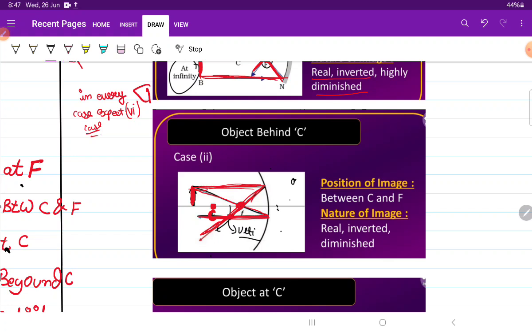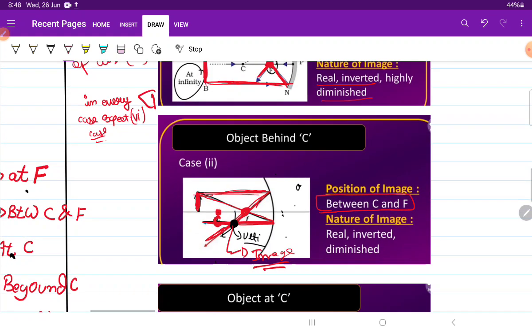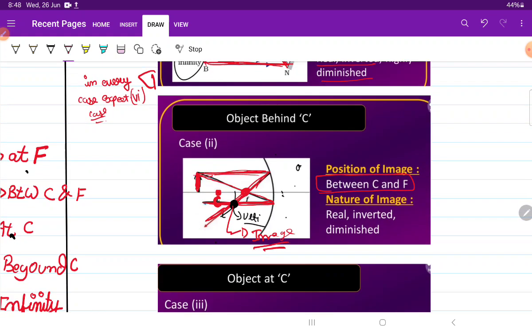Both light rays intersect at this point, so the image will form over here, between C and F. So the nature of the image is real, inverted and diminished.